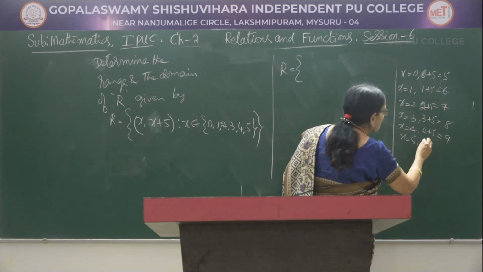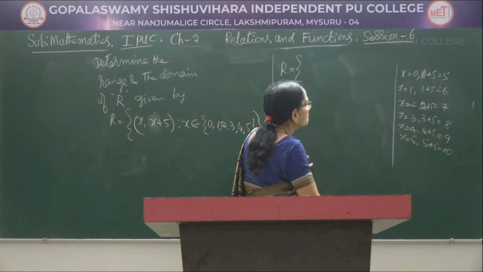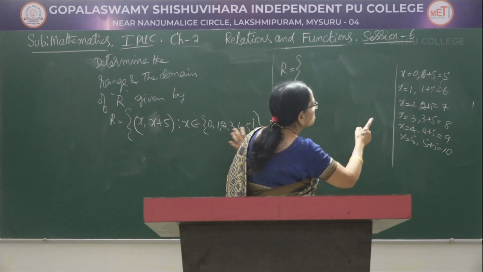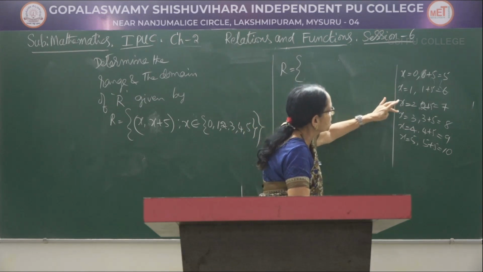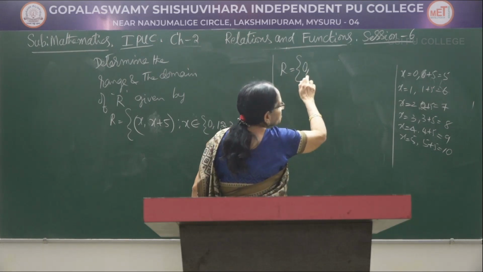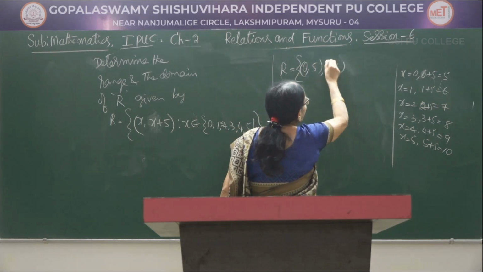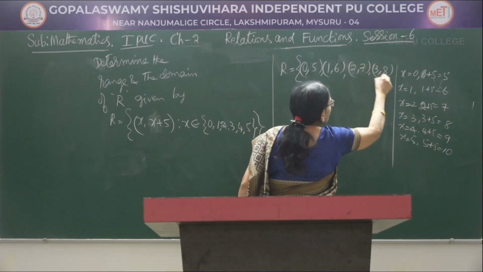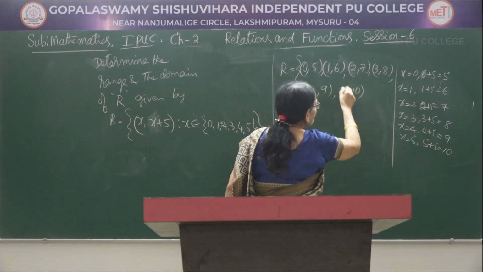X is equal to 5 means 5 plus 5, that is equal to 10. So, 6 values have been given. Now, let me write the elements. So, it is (0, 5), (1, 6), (2, 7), (3, 8), (4, 9), and then (5, 10).